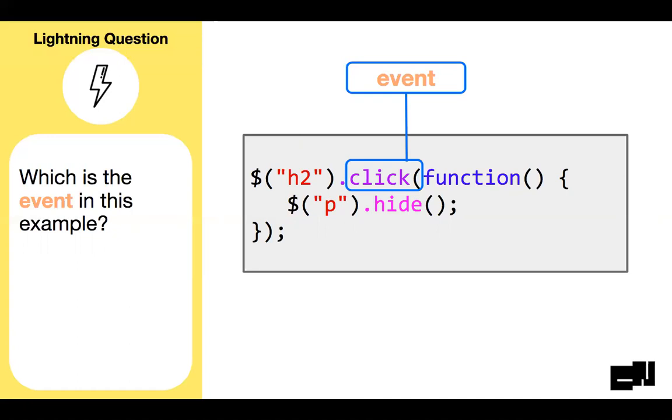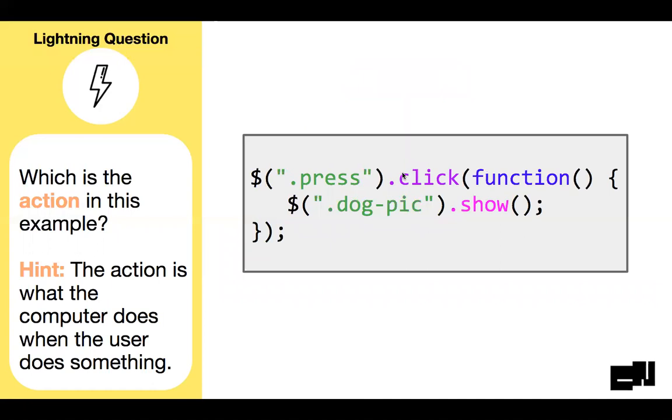Exactly. When somebody clicks any H2, all the P or paragraph tags will hide, right? But the event here is what the user is doing, and what the user is doing to change things is clicking. Next lightning question. What is the action in this example?